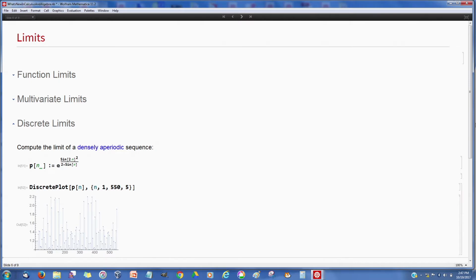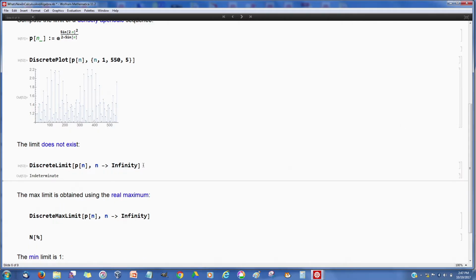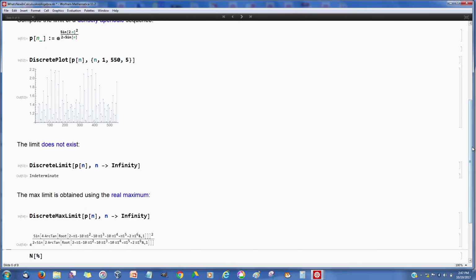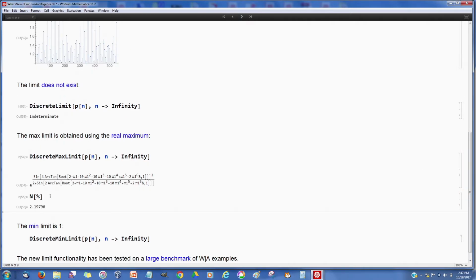It oscillates widely. And of course, the limit doesn't exist. The discrete limit, which is a new function, the sequence limit doesn't exist. However, you can still compute the max limit in the discrete case using Adam's technology for maxima and minima. And you can also compute the min limit.